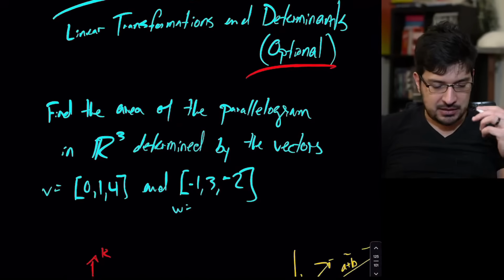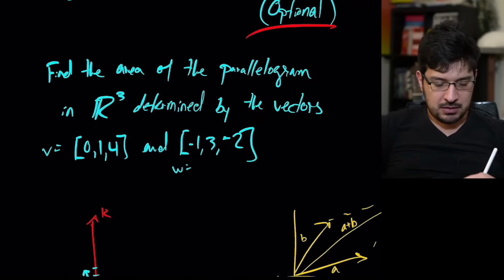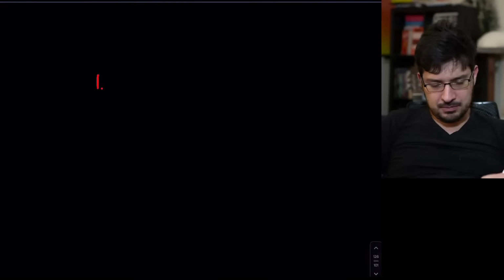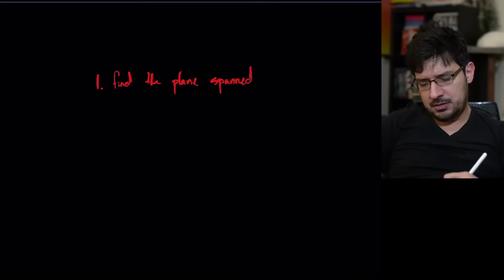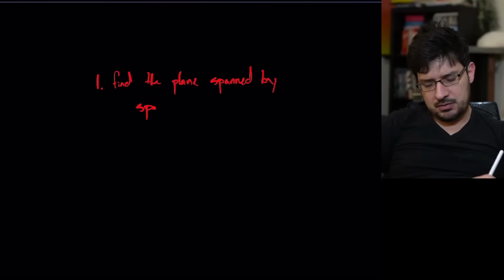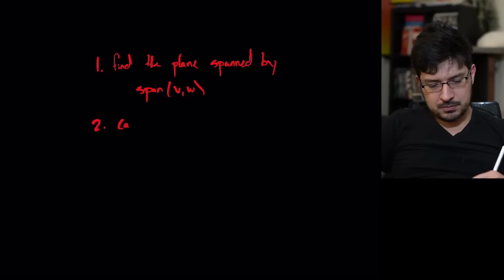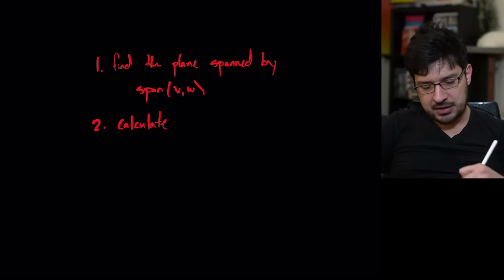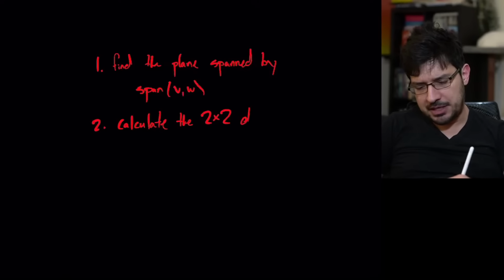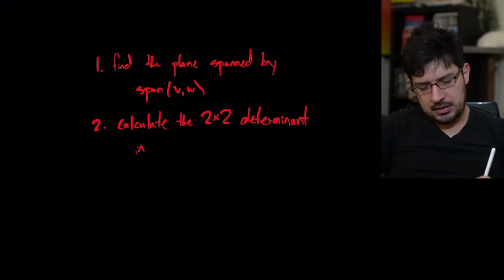But what I need is some way to find the plane spanned by the span of V and W. And then we need to calculate the 2x2 determinant in said plane, I think.